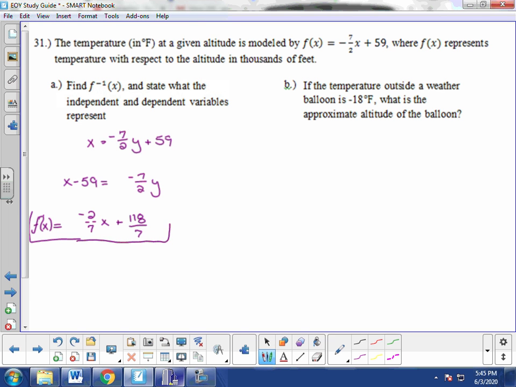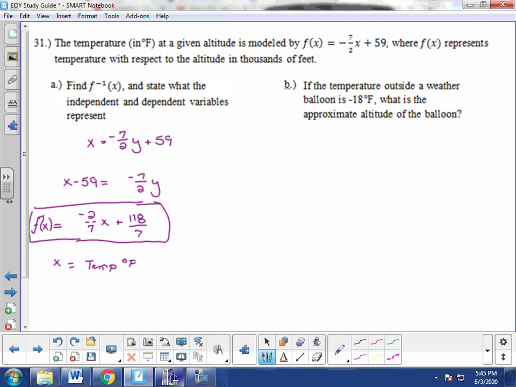So this is the first part. Now it says state what the independent and dependent variables represent. So the independent variable again is x here. Now initially x represented the altitude in thousands of feet. F of x represents the temperature. Remember, with inverses, these switch. So now x is the temperature in degrees Fahrenheit.